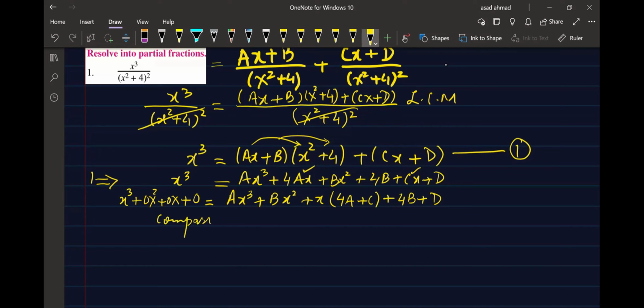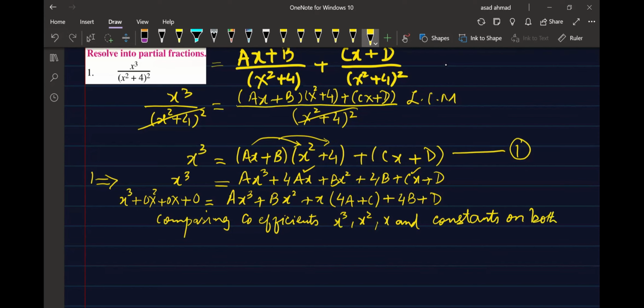Once we go for comparing coefficients of x raised to power 3, x raised to power 2, x, and constants on both sides, this method gives us the equations for the comparison.